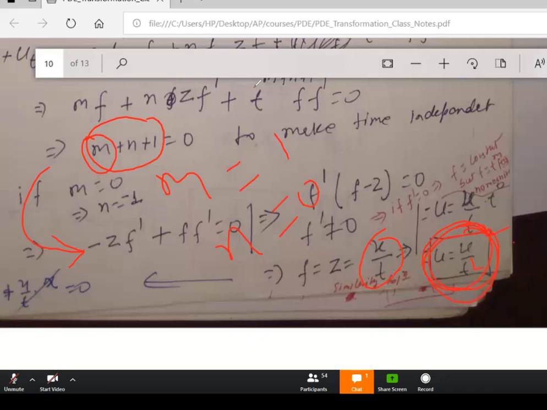Clear? So the numerator will be one variable, the denominator will be another variable, it may be of any polynomial. Okay, so this is the similarity solution.